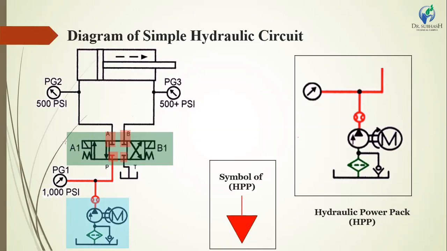The four-way valve is a direction control valve actuated by a solenoid in both conditions and returned with a spring. This symbol is the spring, and this symbol is operation by an external solenoid on both sides, A1 and B1.